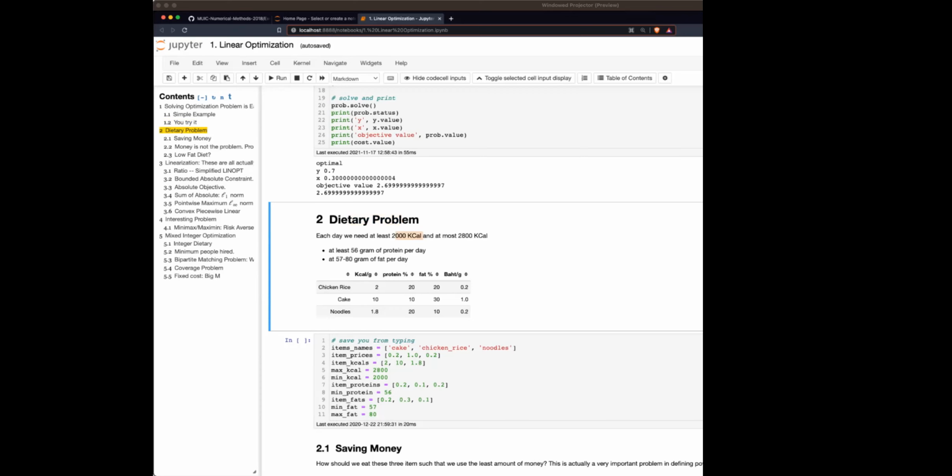But I take this kind of number with a grain of salt because it doesn't capture the difference from person to person too well. So each day we're going to need between 2000 and 2800 kilocalories. That's from the dietary guidelines, from the doctor. The doctor said, okay, you need to eat this much.